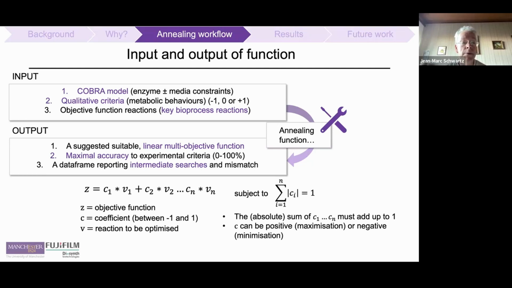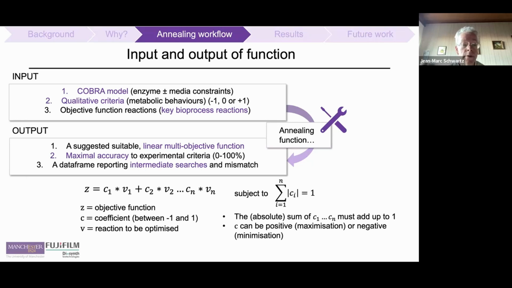And then we also need to define a set of candidate objective functions. Rather than using every possible reaction, which is not practical in a genome-scale model, we define a limited set of candidate objective functions, the key reactions that we usually know are meaningful.